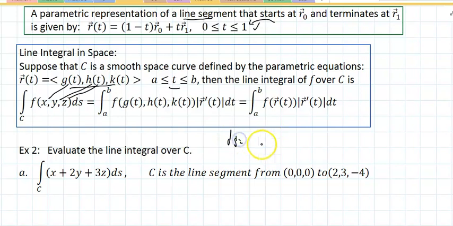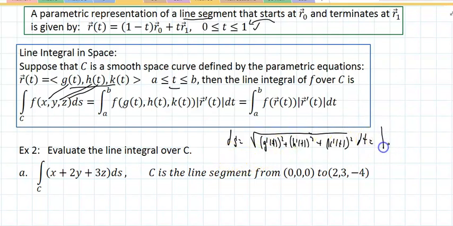ds is the square root of g prime of t squared plus h prime of t squared plus k prime of t squared dt. We get that from chapter 10, parametric equations. And if you look closely, you would notice that this is actually the magnitude of r prime of t dt.